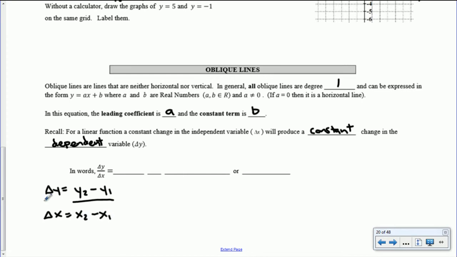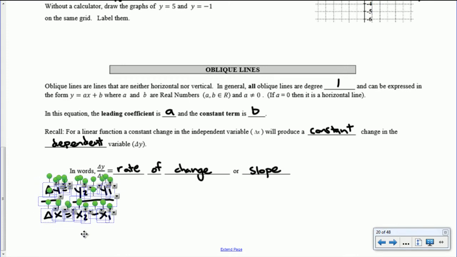If we do one over the other, it's the equation for the slope or the rate of change. So delta y over delta x is that thing. We've seen that before. It's the rate of change or the slope.